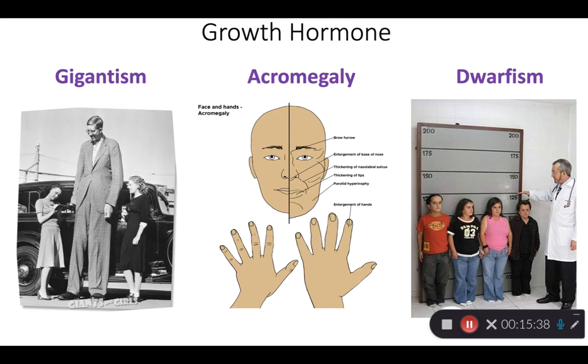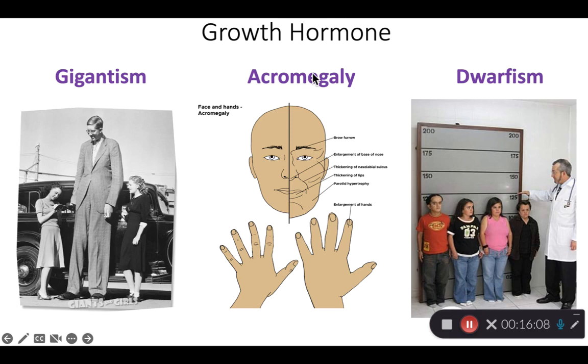All right, last thing, we'll get into this more in A&P2, but growth hormone, there are some disorders. So overproduction of growth hormone early in life can lead to gigantism. All right, so if overproduction of this hormone occurs before the growth plates fuse, the bones will still grow in length. Acromegaly is an adult onset of high growth hormone.